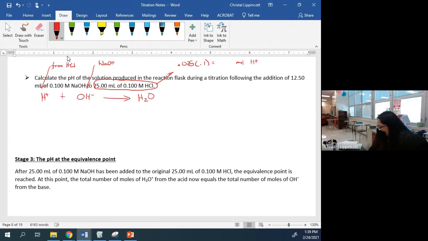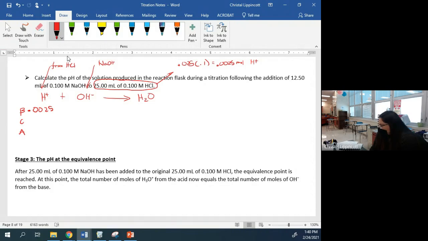That gives me 0.0025 moles of H+. I'm going to put BCA over here just to help me remember that I am dealing with moles in here.